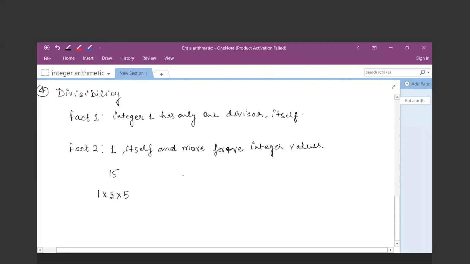And if I say what are the divisors of 12, then it can be written as 1, 2, 3, 4, 6 and 12, not in the form of multiplication. I have to rewrite it: 5 and 15.